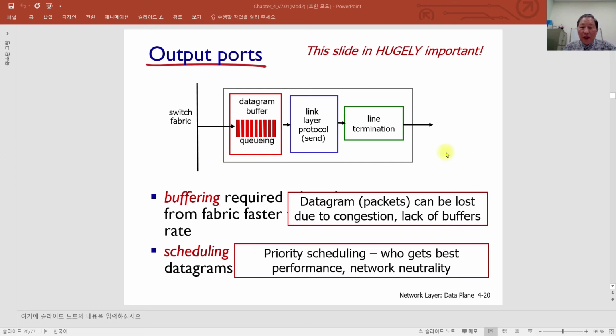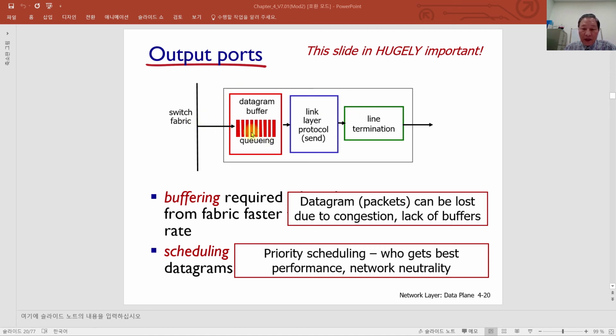Let's focus on the output port in this case. The left part was the input port and the switching fabric after that. The datagram should go out through that link interface, but before that they should wait, because there is a speed difference between the output link and the output from the switching fabric.